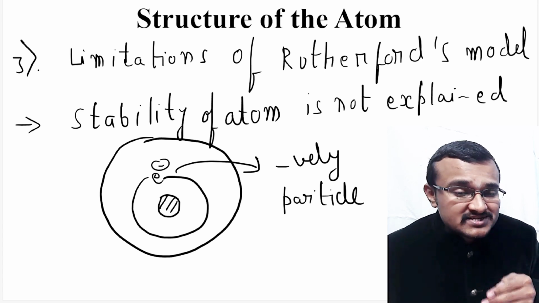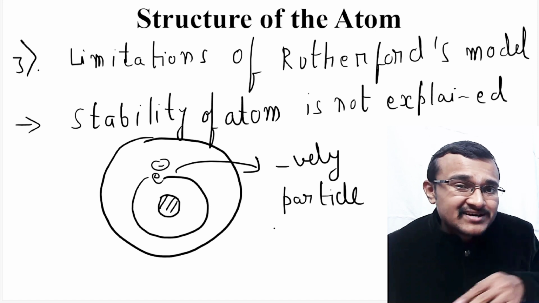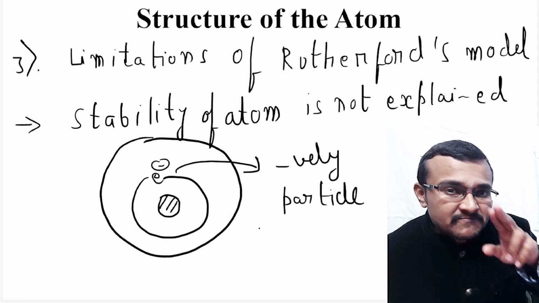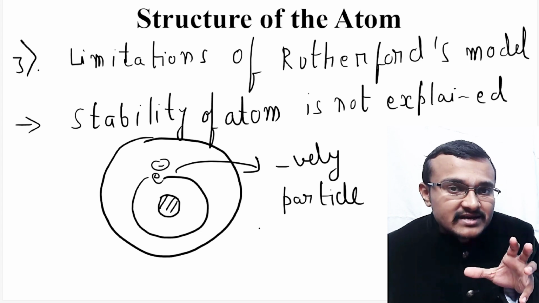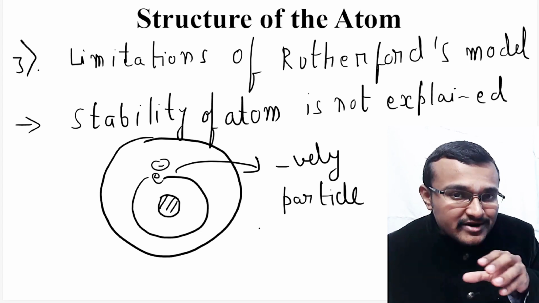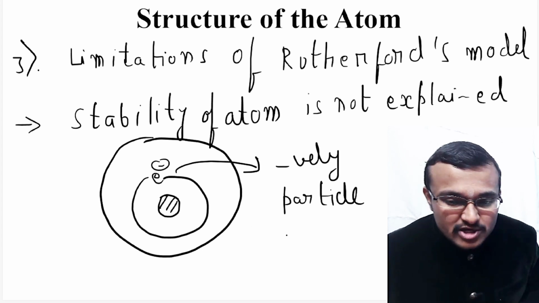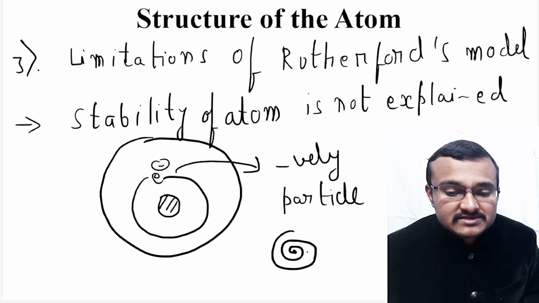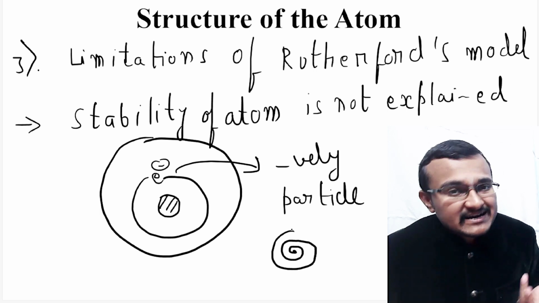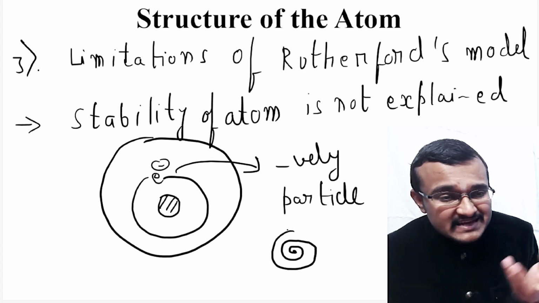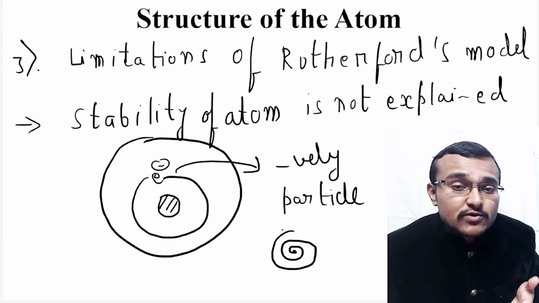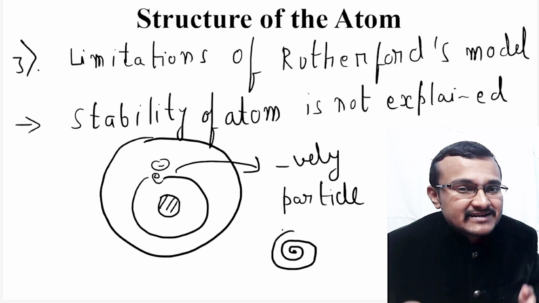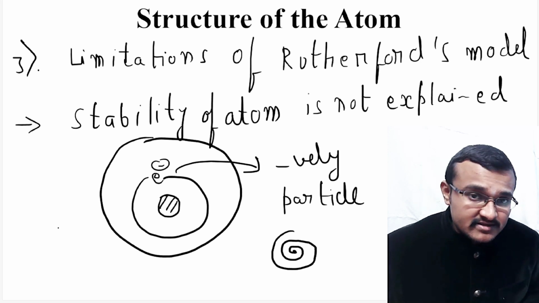When the electron loses its energy, in place of following a circular path it should follow a spiral path, because the radius of its orbit will go on reducing, and finally the electron should fall inside the nucleus. If that happens, then the stability of the atom will not be there. But we can see all the matter around us is very stable. So the stability of the atom is not explained in Rutherford's model.